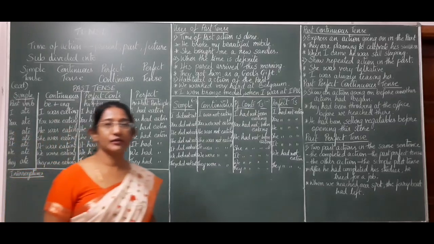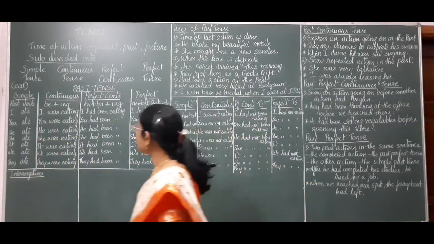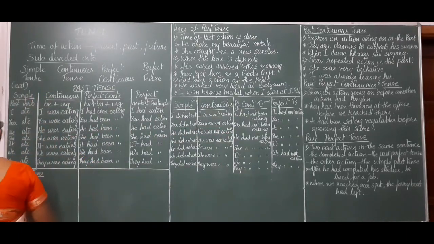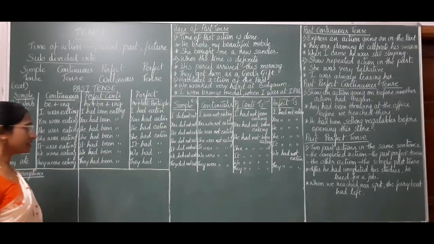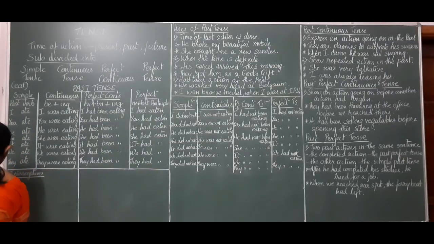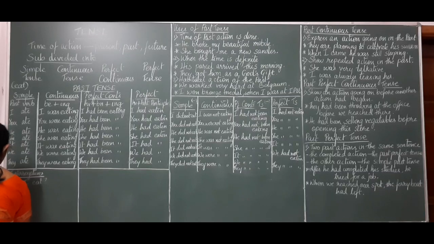Alright. Now we shall look into the interrogatives of the past tense with the subtenses. The interrogative of the simple past tense, I ate, takes the do verb in the past tense, that is did. Did I eat? With you as subject, did you eat? Third person: did he eat?